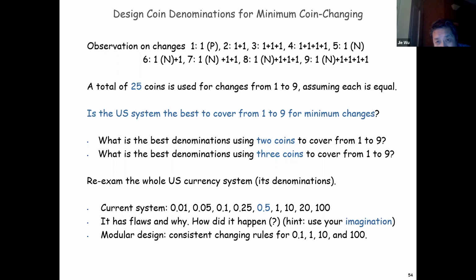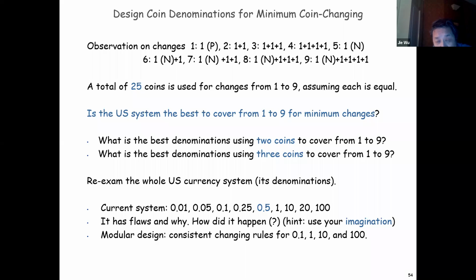In this case, you have to use three 25s, which is 75. Then you add another 10 cents, then 85, another 10 cents is 95. Then you still put 4 pennies. So this is 9 coins.